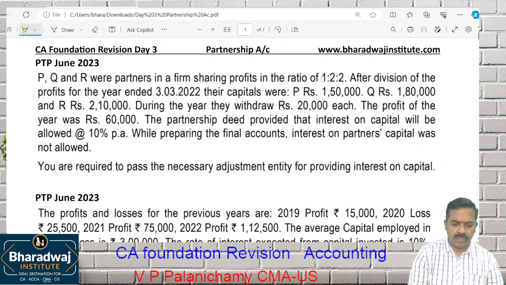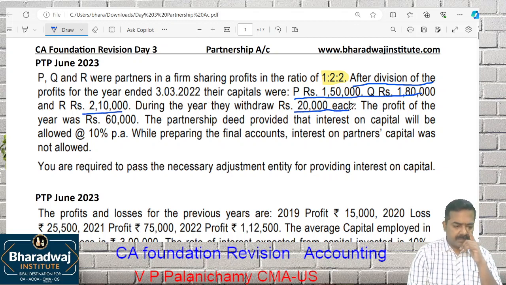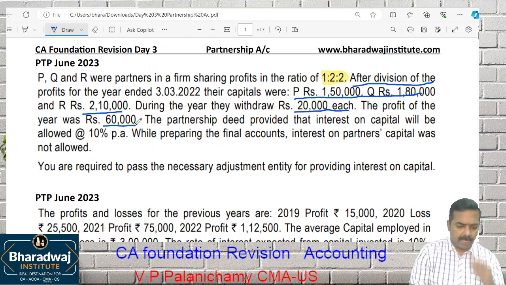What is the profit sharing ratio? 1:2:2. After division of the profits of the current year, capital is 1,50,000, 1,80,000 and 2,10,000. During the year, they withdrew 20,000 each. Profit for the year was 60,000.